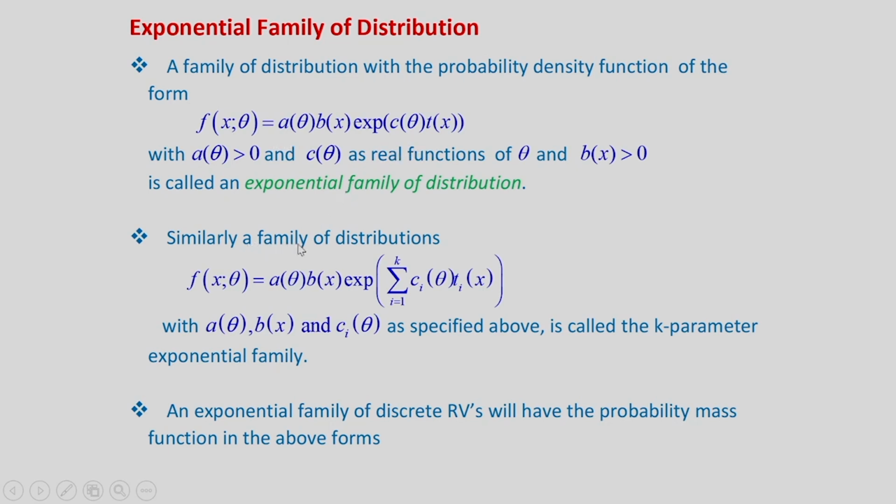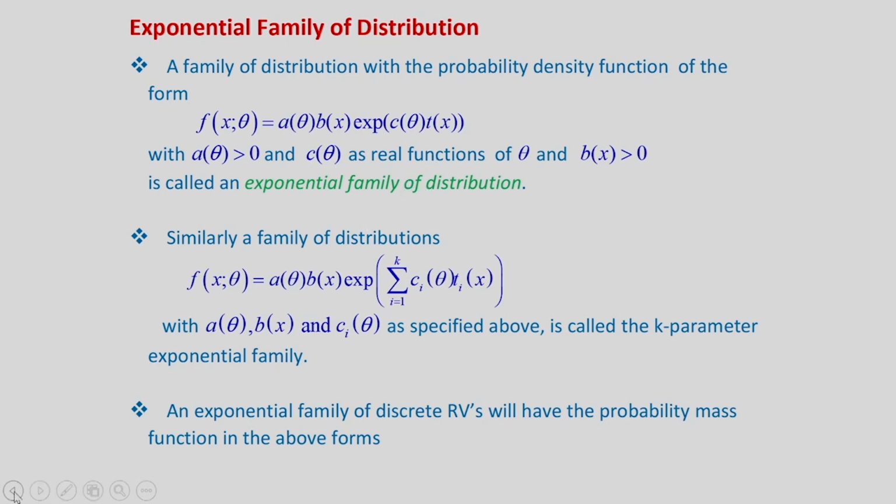And now, we can have a multi-parameter exponential family of distribution. Suppose f(x, theta) is equal to a(theta) into b(x) into exponential of summation c_i(theta) into T_i(x), i going from 1 to k. Suppose in this form, as in here, a(theta) is greater than 0, b(x) is also a non-negative function, and c_i(theta) is also a real function like this.